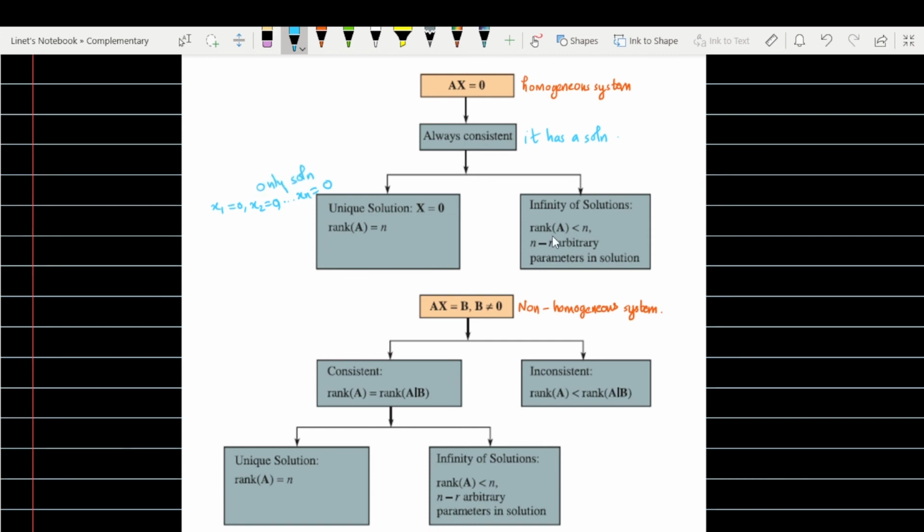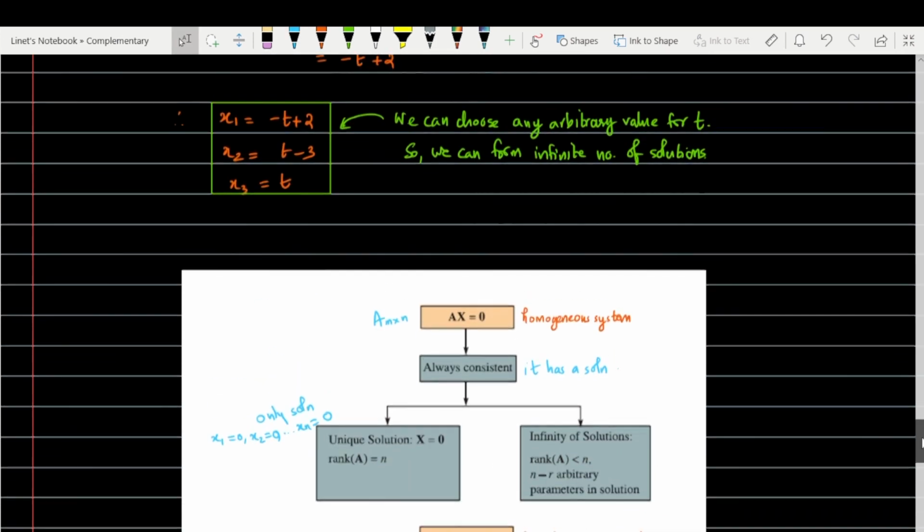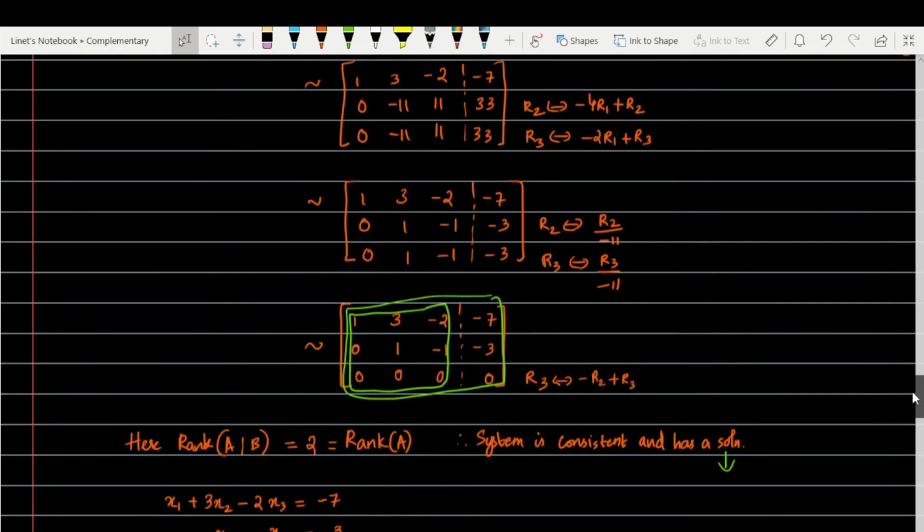And sometimes the rank of A is strictly less than n. Here A is of the order m by n. So here the rank of A is strictly less than n. That means we will substitute arbitrary values for n minus r arbitrary variables. For instance, we can see the question just before.